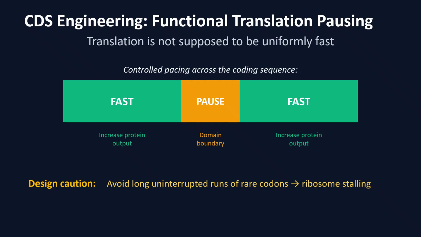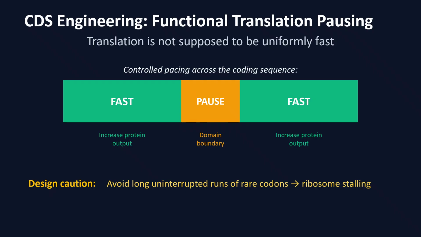Let's continue our coding sequence engineering. Translation is not supposed to be a consistently fast process. Cells actually use local slowdowns to help proteins fold correctly while they are being synthesized. When one domain finishes emerging from the ribosome, a short pause gives it time to fold properly before the next segment appears.